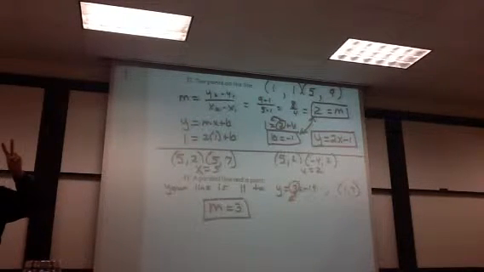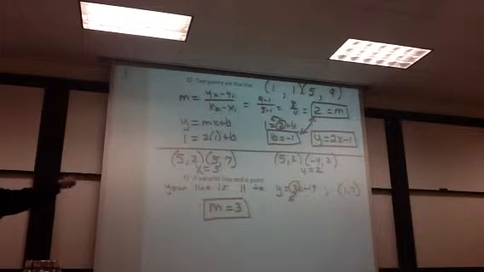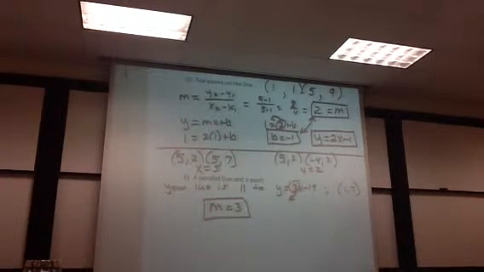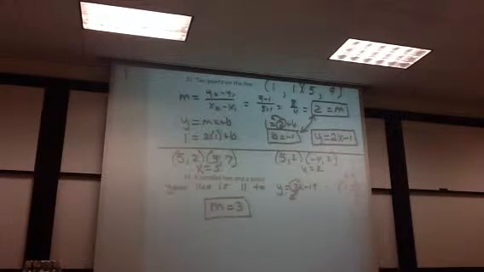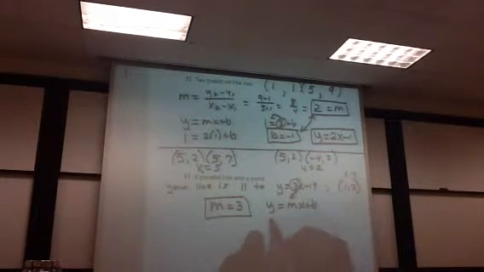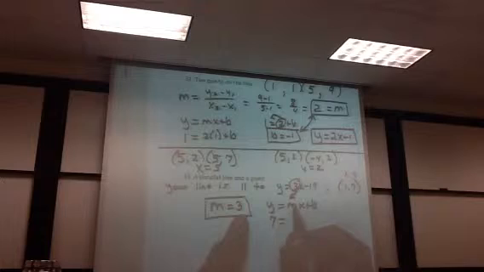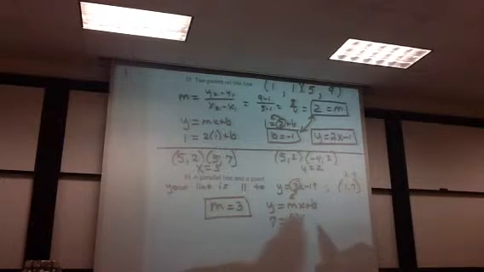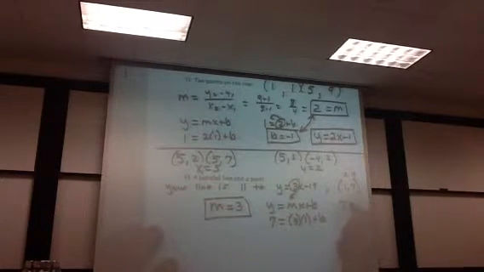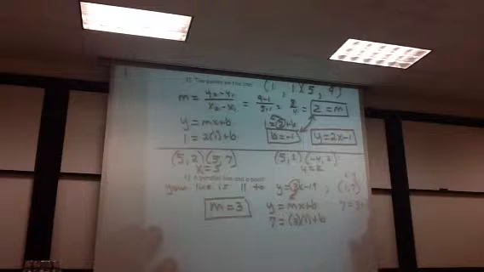I've got an x and a y and an m. So let's substitute. A point is an x and a y. So y is 7, slope is 3, x is 1. I don't know b yet, but I have a feeling it's going to be pretty easy. Subtract 3, b is 4.